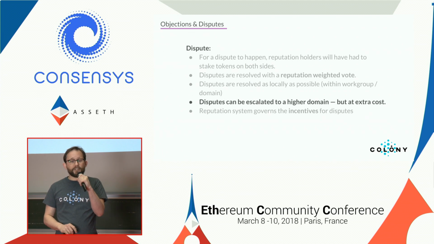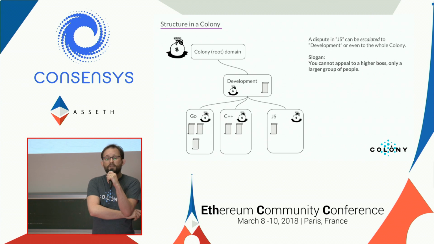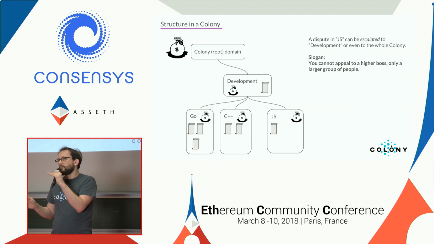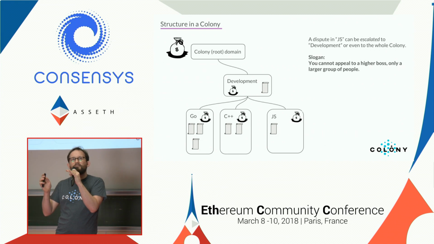So disputes can be escalated to a higher domain, but at extra cost. That means the following: let's say the JavaScript department is small and the reputation distributed within there is kind of lopsided, and there's one person who is aggressively trying to push one point of view that everyone else disagrees with. You can escalate to a higher department.